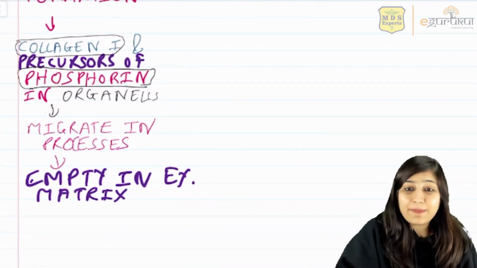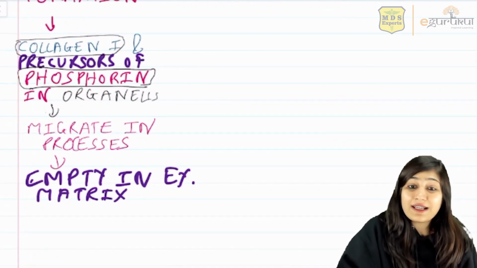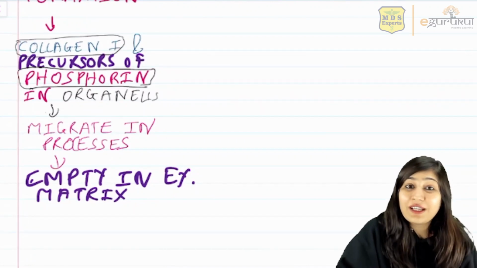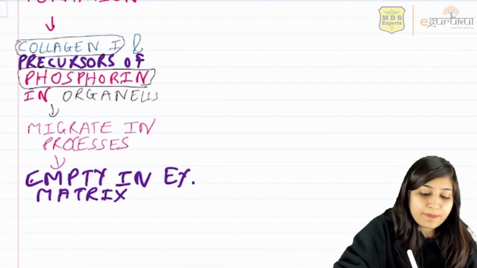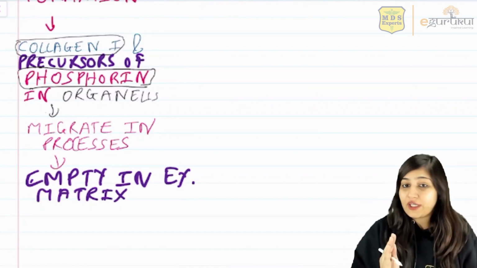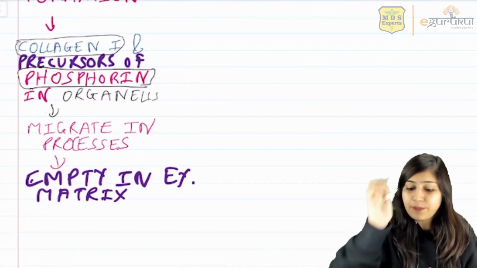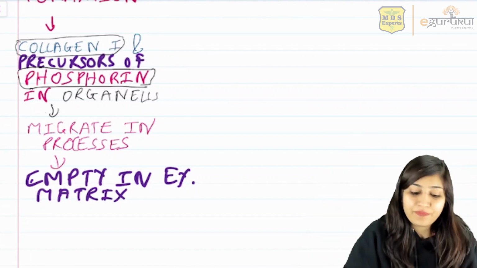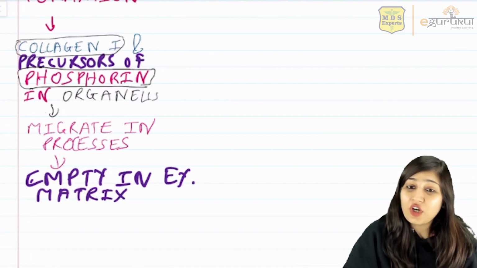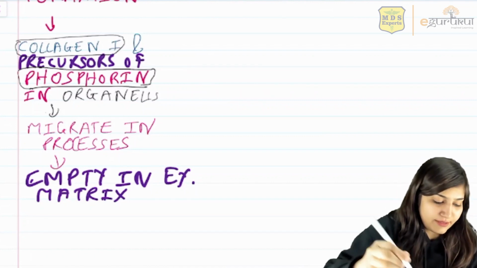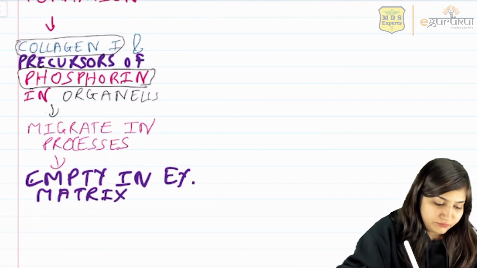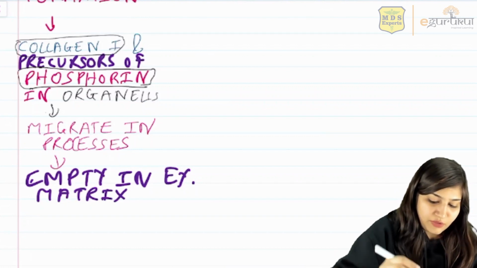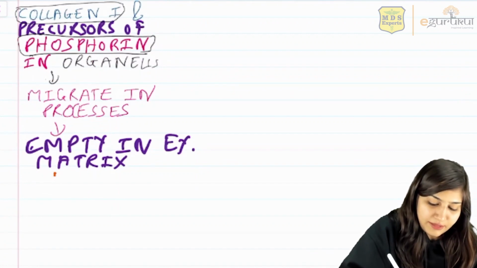So once they are emptied, here starts the deposition of organic matrix. From the cell organelles, they are transported to the processes, then from the processes to the extracellular matrix, and here the deposition of collagen matrix takes place. So matrix formation begins here.